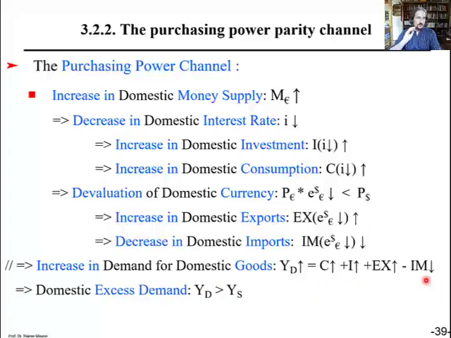This causes now an increase in domestic demand over domestic supply of goods and services. So we have domestic excess demand.